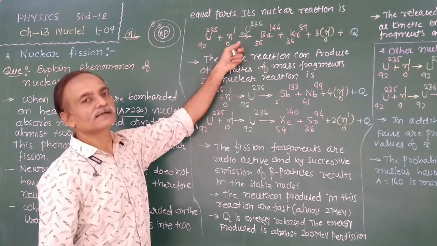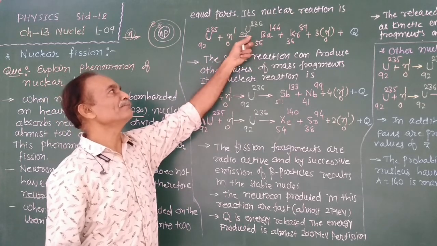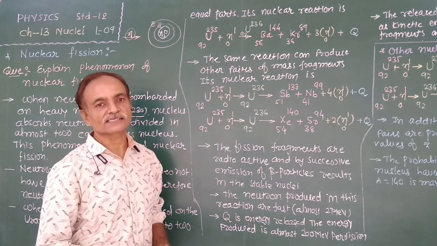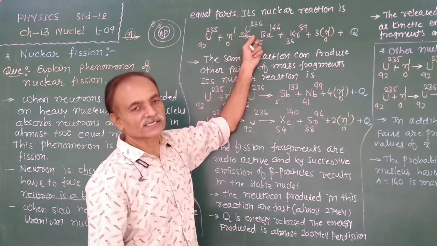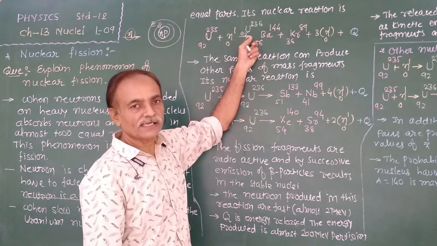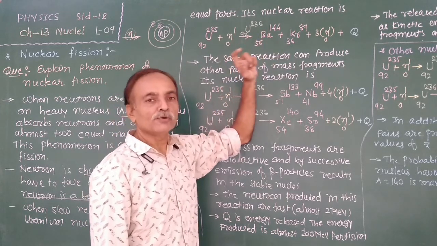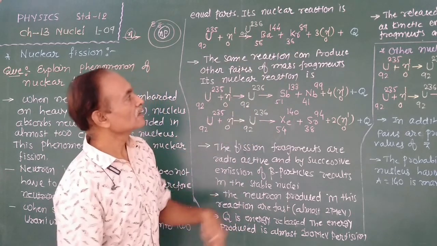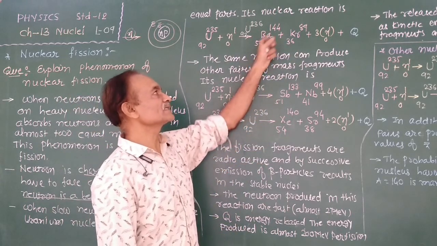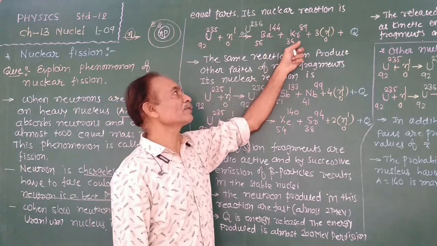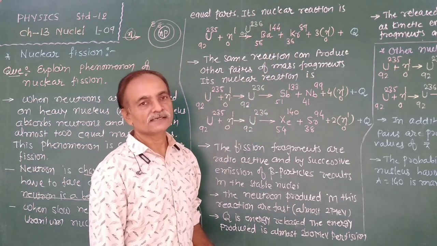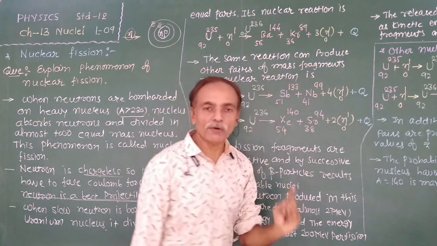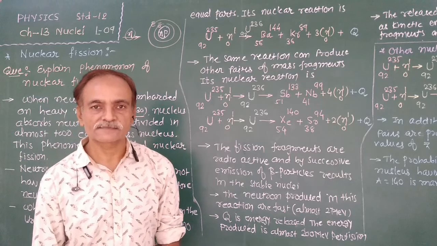The neutron is bombarded, so it absorbs this neutron and becomes uranium-92-236, which is an unstable nucleus. To get stability, it divides into two almost equal mass nuclei: one is barium 56-144 plus krypton 36-89, and 3 neutrons are produced plus Q amount of energy is released.